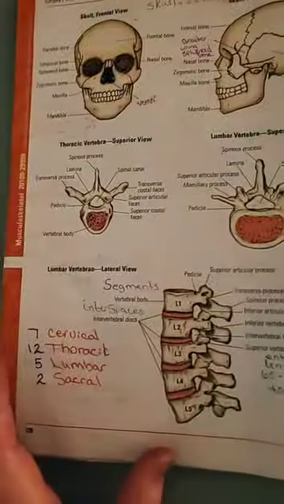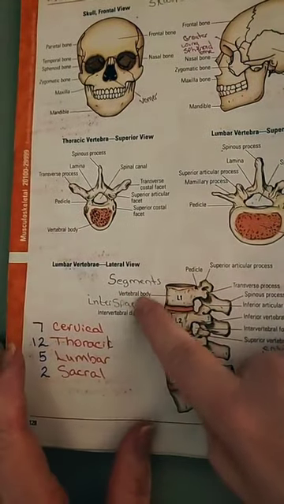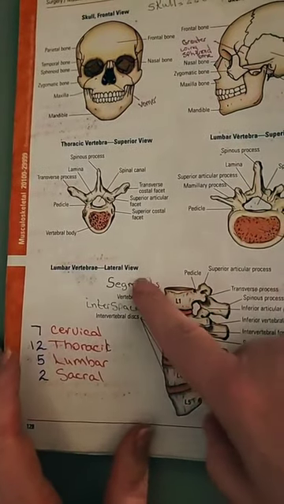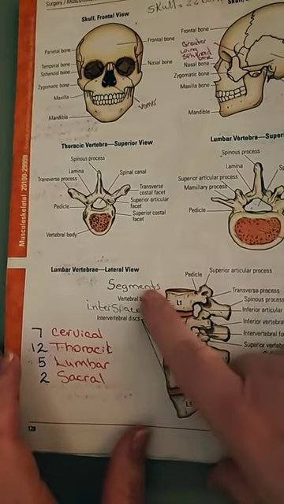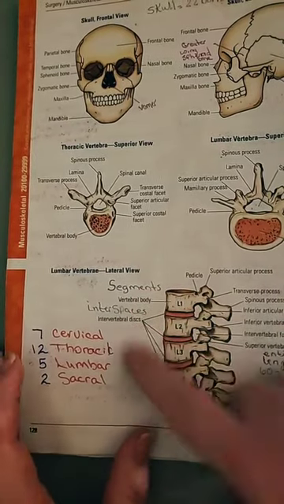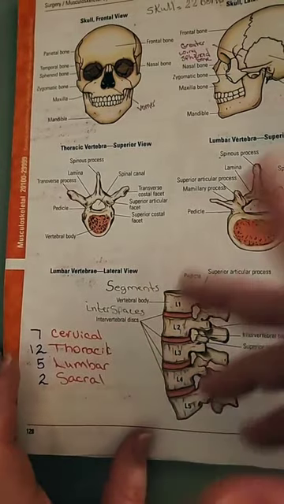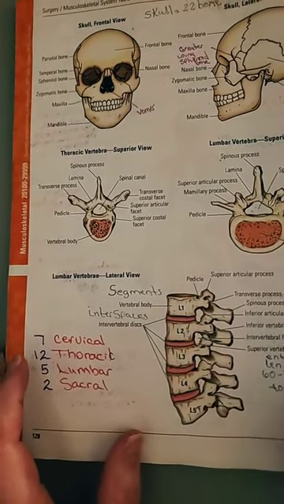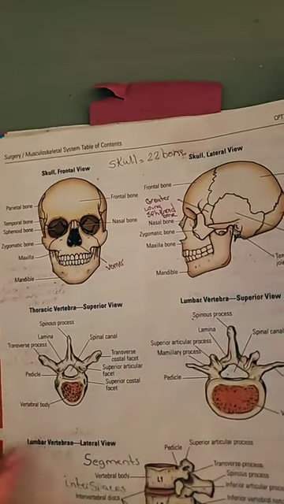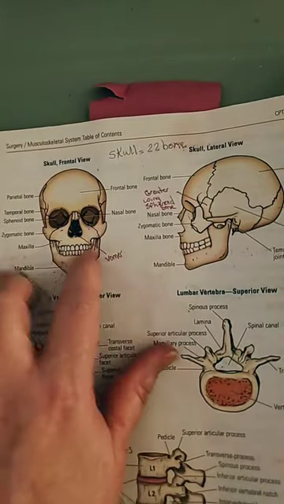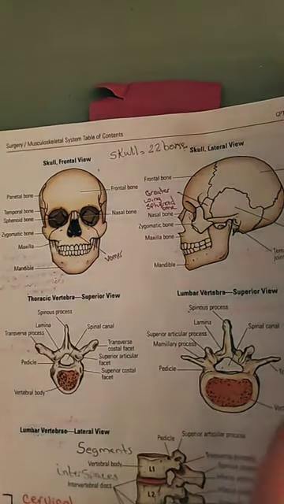AKA terms for things. They're called vertebral bodies here, but the test questions will call them segments or interspaces, so I make notes of that kind of stuff. How many are in each section? Don't know if I've ever needed that information for the CPC exam, but I have it there just in case. How many bones? Drawing in more body parts that weren't listed. Things like that.